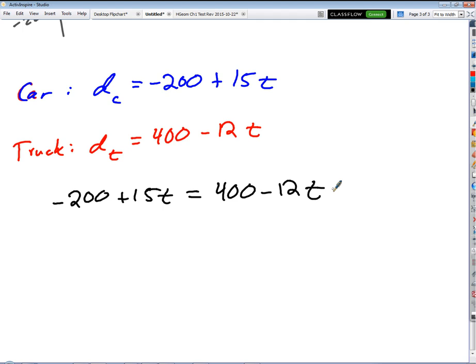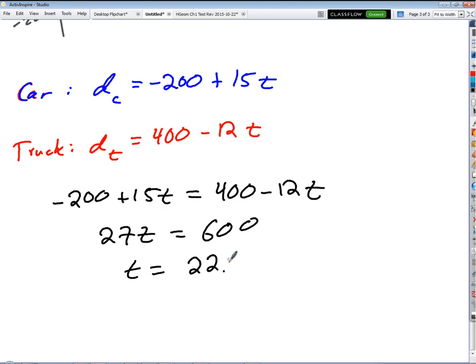So it's easy to solve. We just add 12t to this side, add 200 to this side. Everybody agree? So I'm going to get 27t equals, if I add 200, 600. And so t just equals, what's that going to be? It's going to be 22.222, exactly, forever, isn't it?